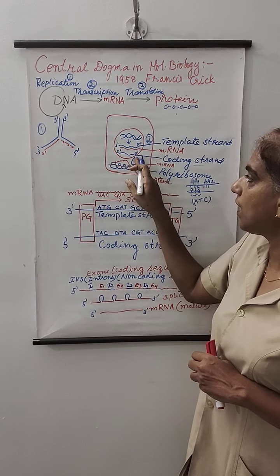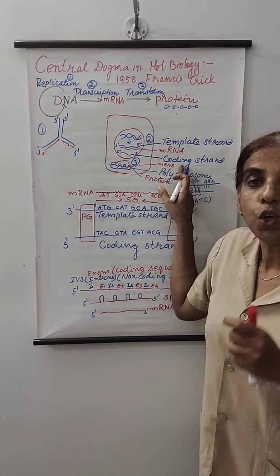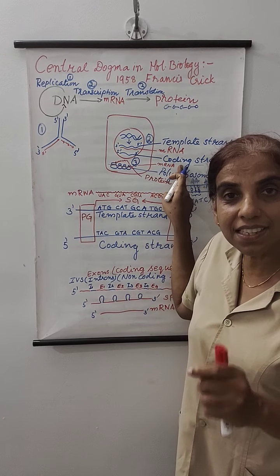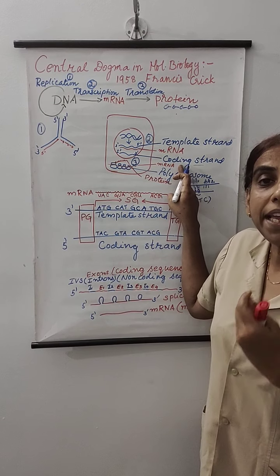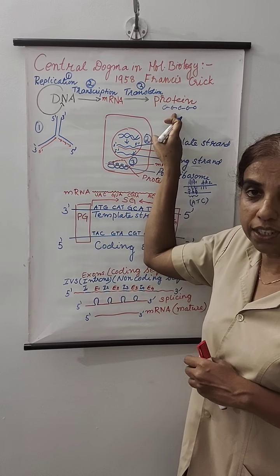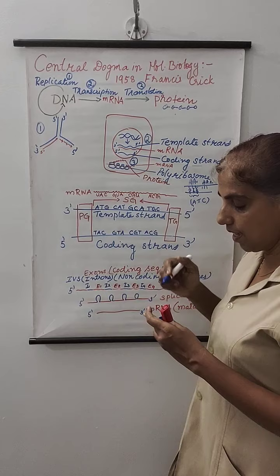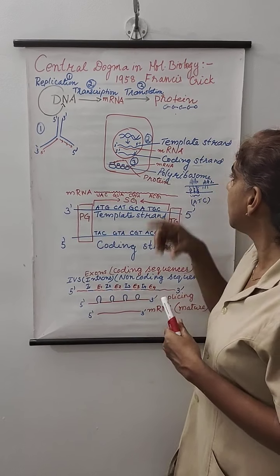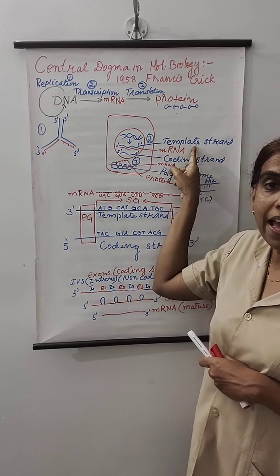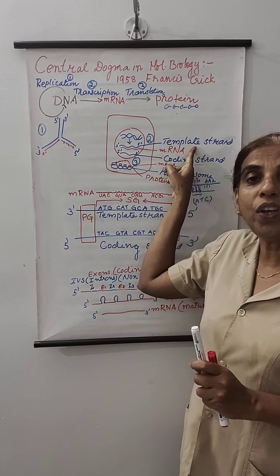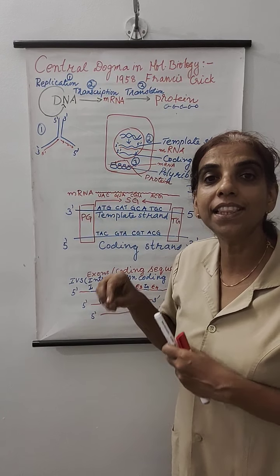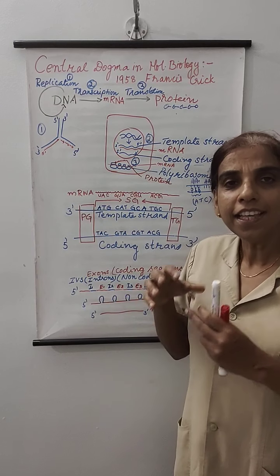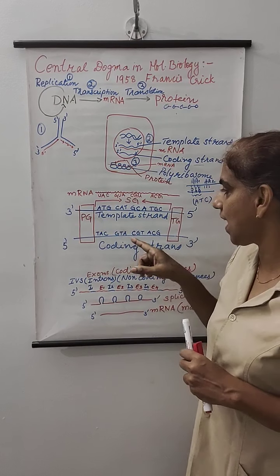So the coding strand carries the exact coded message for the functional protein. But when you look here, you can understand that the template strand is the one we take into consideration for making the messenger RNA. There is a contradiction for that.